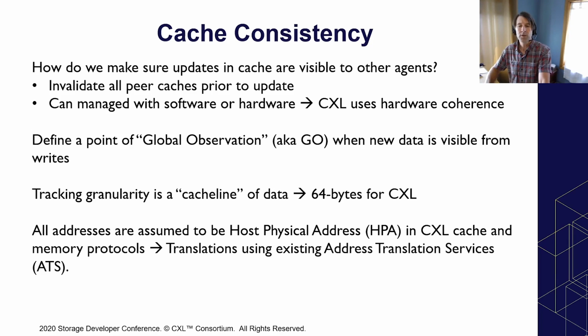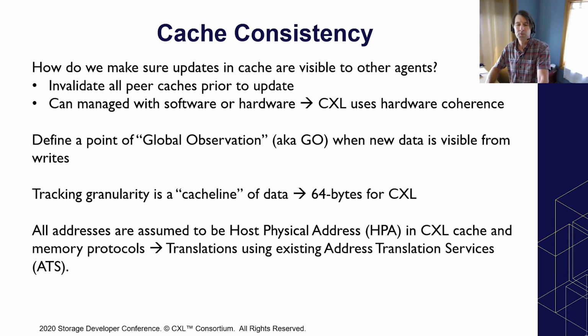Now, we define a point of global observation where the new data is visible, and the tracking granularity for consistency in hardware coherence mechanisms is called a cache line, and this happens to be 64 bytes in CXL.